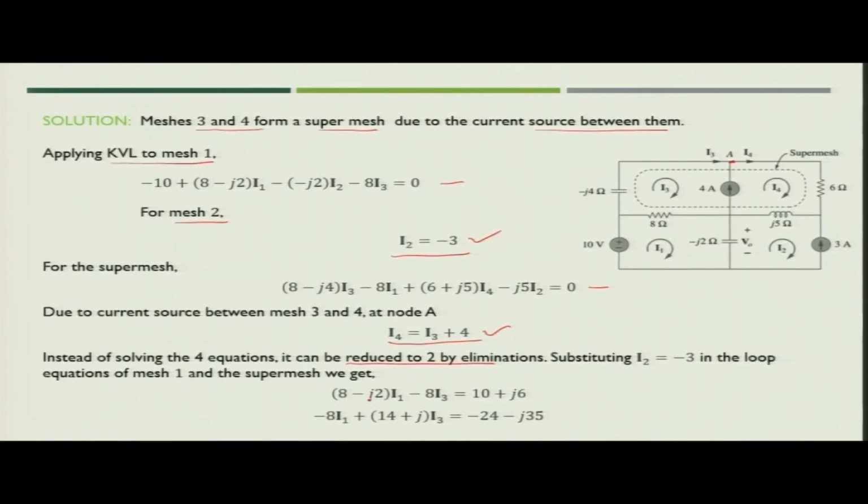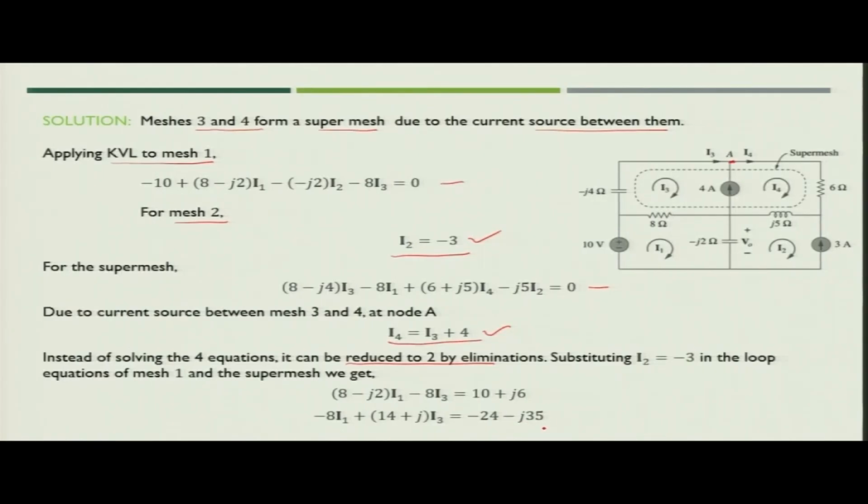First, we will have (8 minus j2) I1 minus 8 I3 is equal to 10 plus j6, and for the second one, we will get minus 8 I1 plus (14 plus j) I3 equal to minus 24 minus j35.